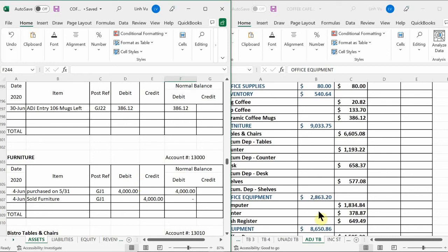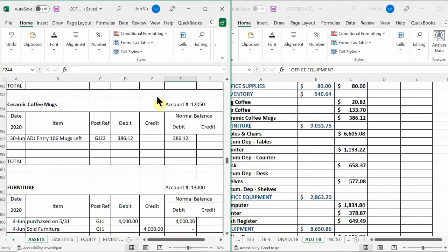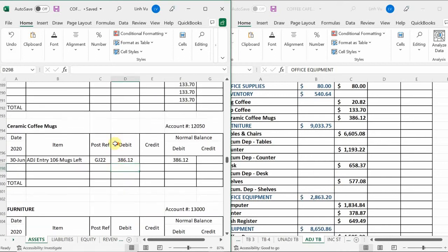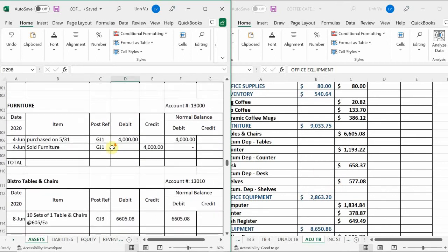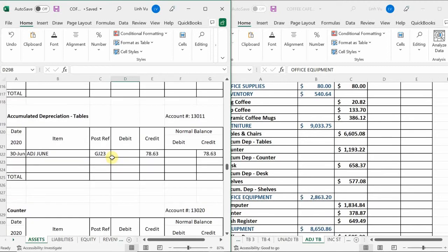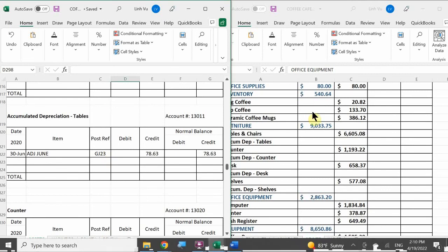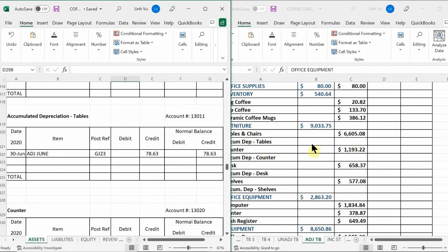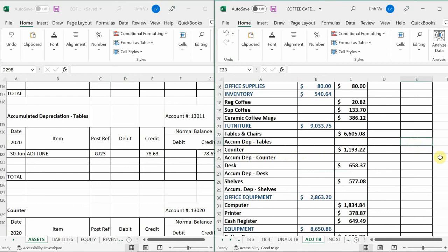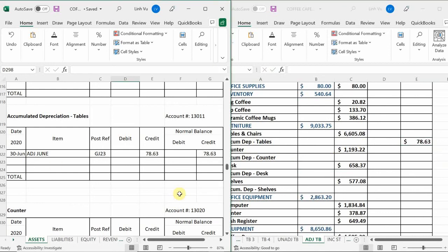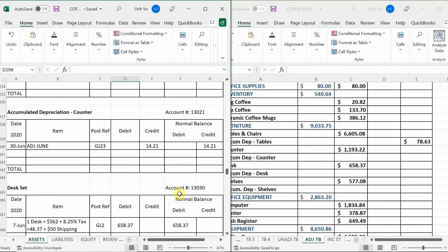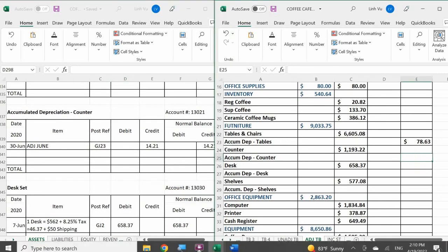using the assets, right? So I'm going to start with the first one here. The accumulated depreciation for the tables, I got 78.63. For my counter it was $14.21.